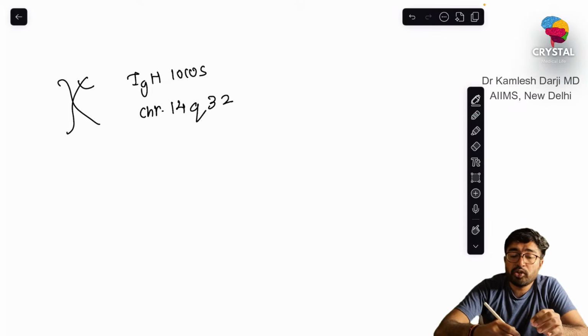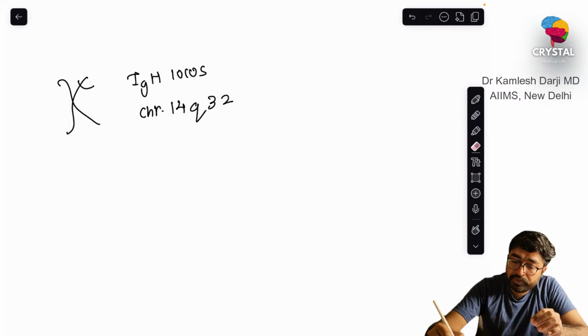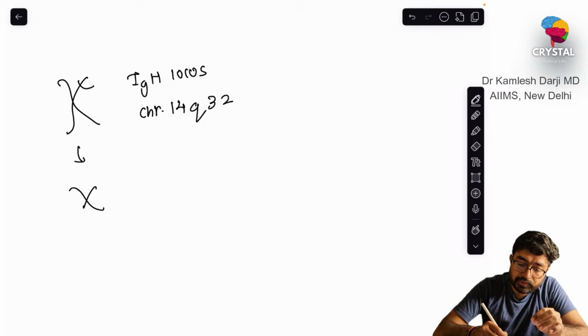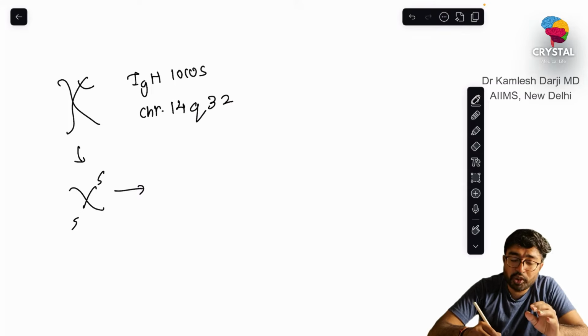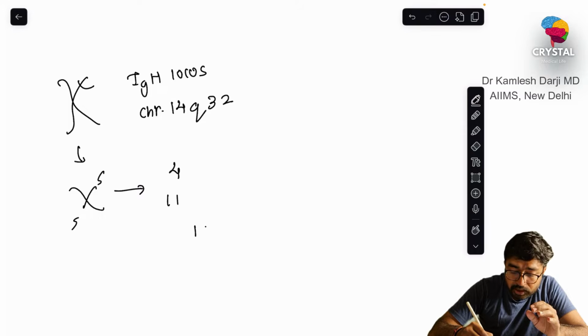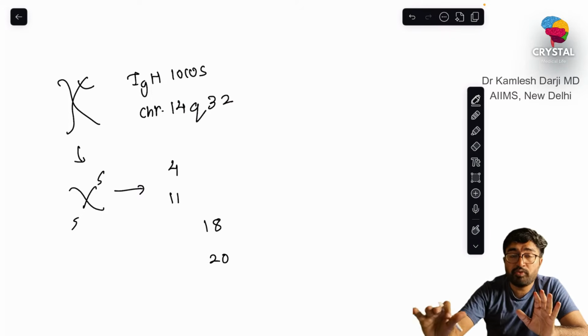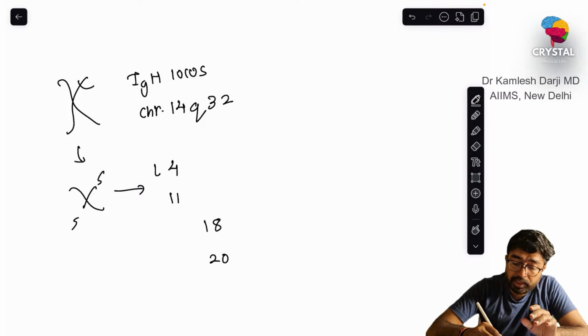At this place, your chromosome will detach like this, and it will bind to chromosome number 4, 11, 18, and 20. It will bind to these four types of chromosome and make a translocation mutation.